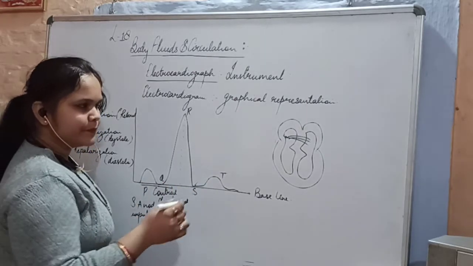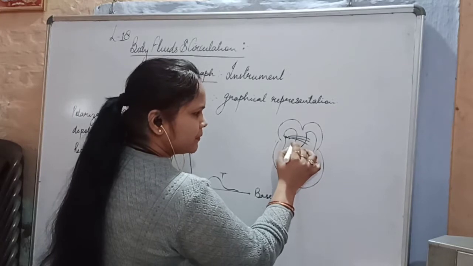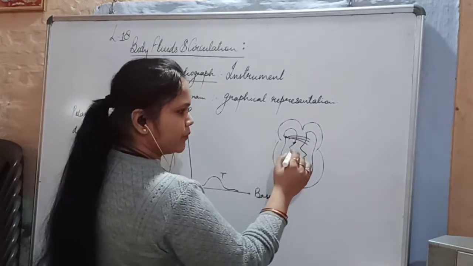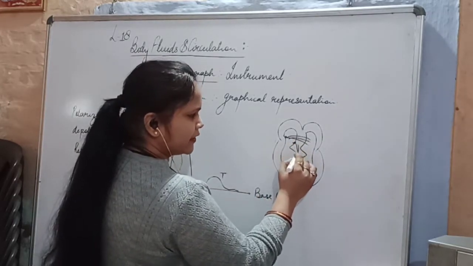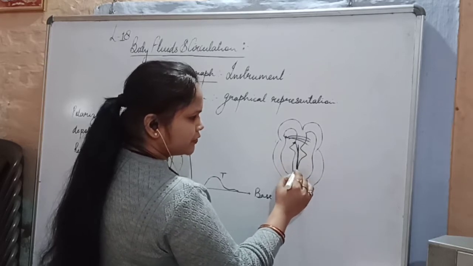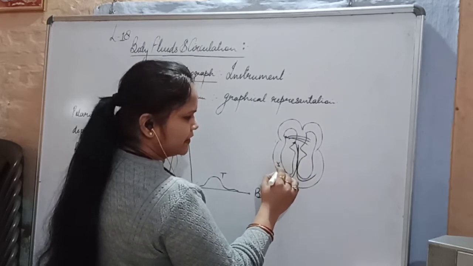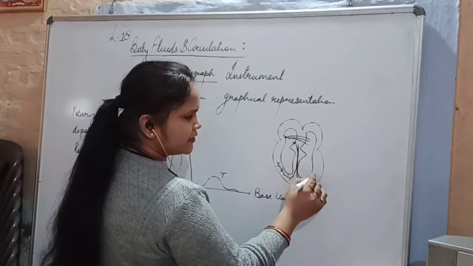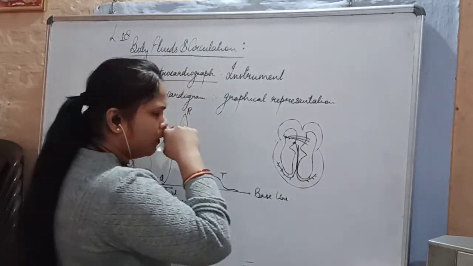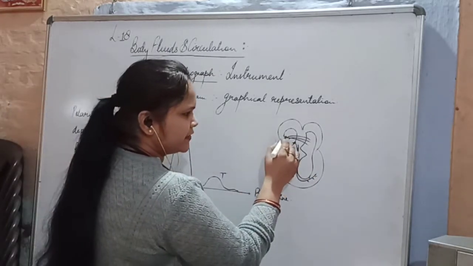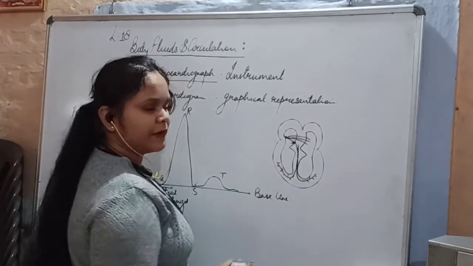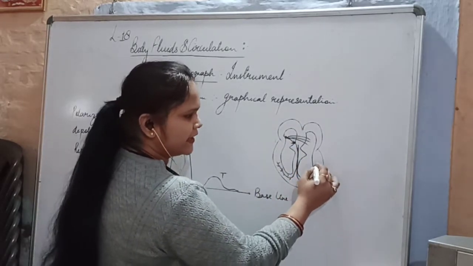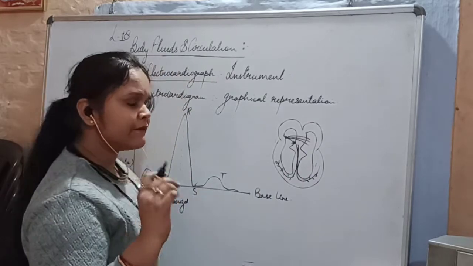Now, as the impulse is transmitted to the AV node, and inside we have the AV bundle, the bundle of His and then the Purkinje fibers, we have discussed this in the earlier videos also. The impulse of the SA node goes into the AV node, and finally reaches the ventricles.